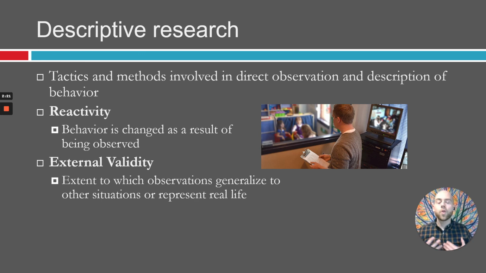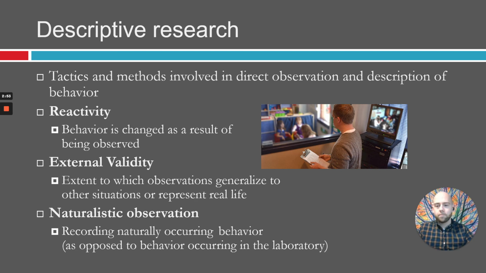So if you go out into the real world and observe people engaging in some kind of behavior, and you're not interfering with them, they don't know you're watching them, that probably has very high external validity. It's probably very realistic and probably generalizes to other types of situations in the real world. If you bring people into a laboratory to observe them, then the external validity there might be much lower because they might be behaving in a more artificial manner and not be behaving in a particularly realistic or representative way.